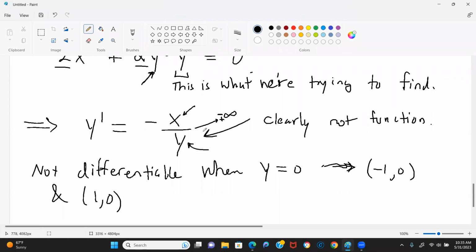I'm sorry, I had it backwards. Hopefully the point isn't lost. But in any case, the derivative blows up near the points -1, 0 and 1, 0.